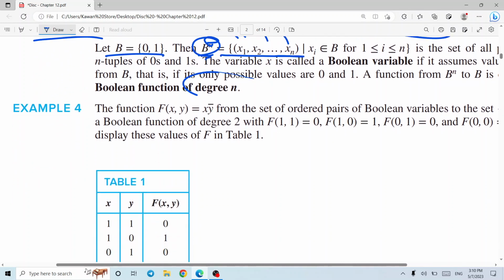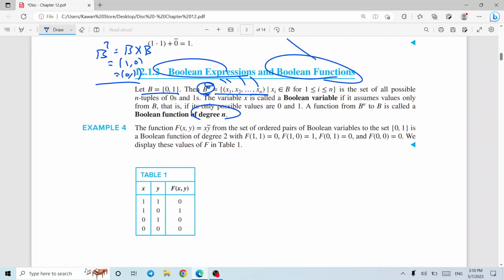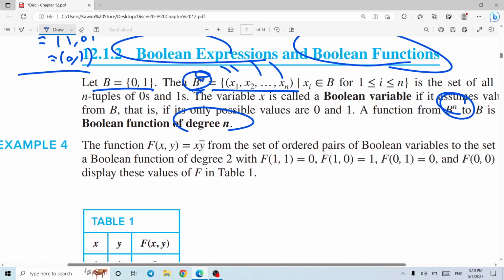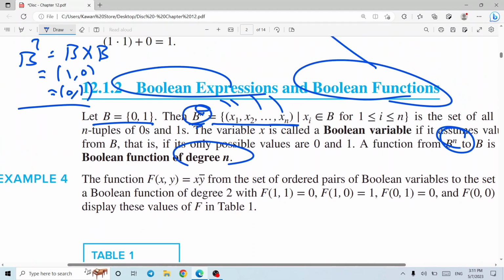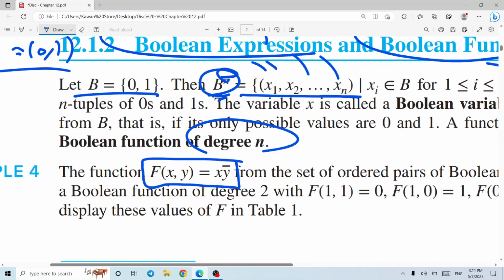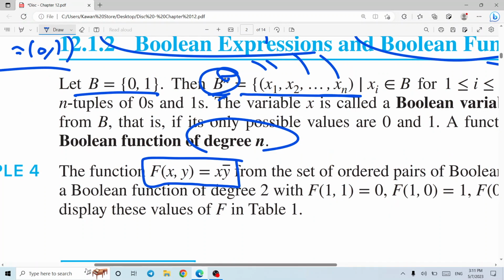And we also have a degree of n. What do you mean by degree n? We mean the relation or the function here. To understand this situation, look here. We define the function to be x, y complement. So find the output, or write the table of the Boolean function.